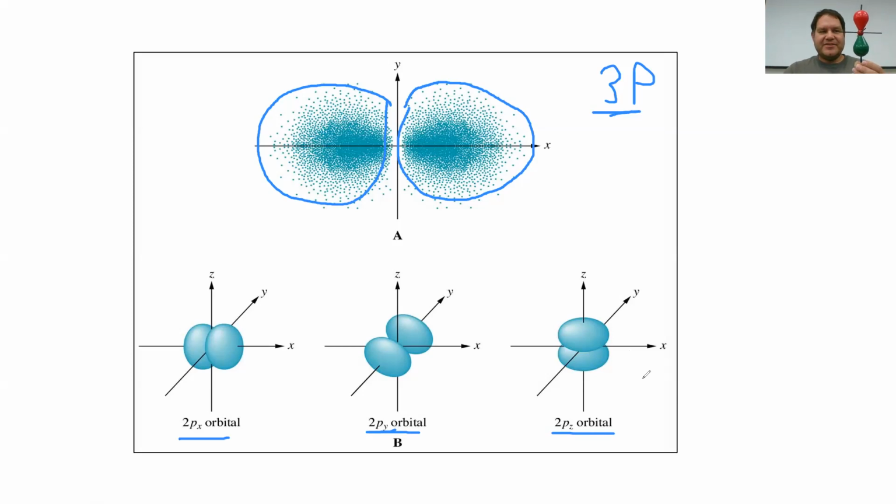So this right here, I would call the py, because it's along the y-axis, up and down our y-axis. Again, we have x, y, and z pointing out towards us. So this is the py orbital.